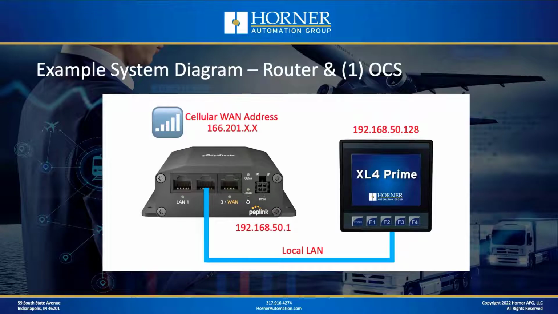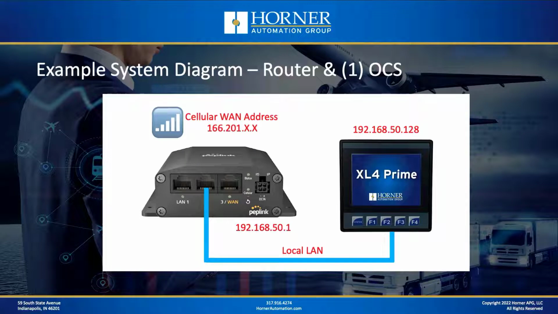Now let's take a look at our system diagram for what we're going to be demonstrating today. I've got the Peplink cellular router, and it has an internet address that starts with 166.201. It also has a local area network that it provides, which the OCS is connected to.